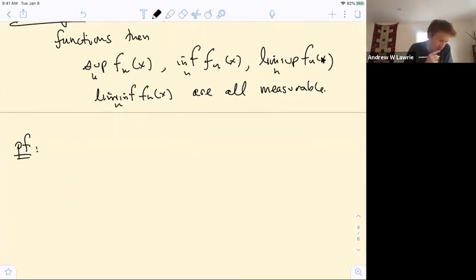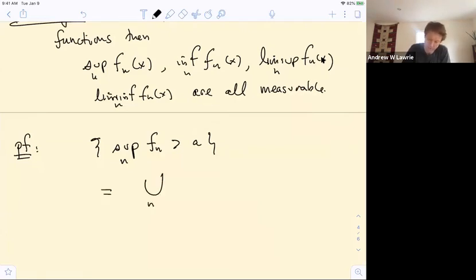So the proof is just some set theoretic manipulations. If I look at this function, sup over n of fn, the set of all x for which sup fn of x is bigger than a is just equal to the union over n of the sets where fn is bigger than a.